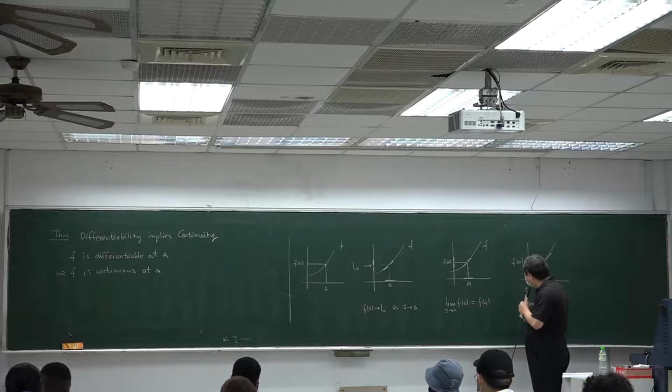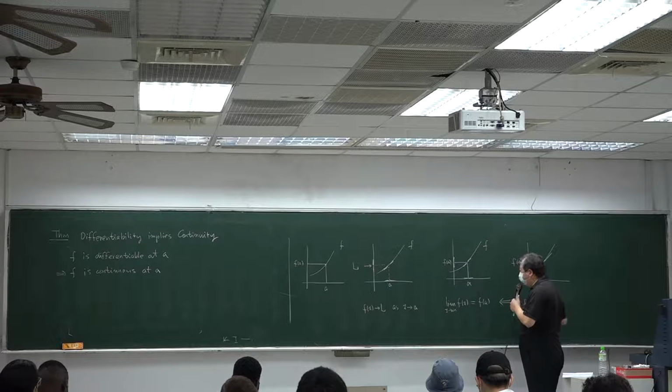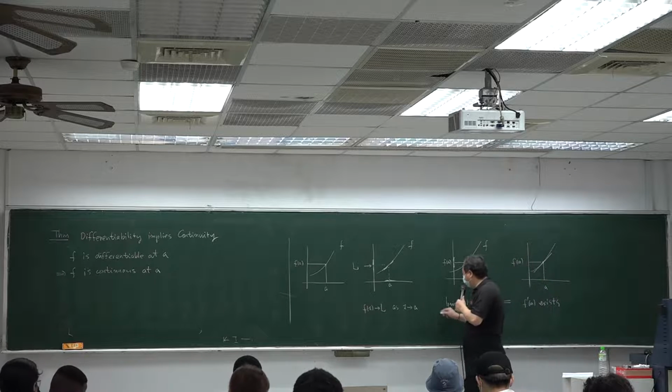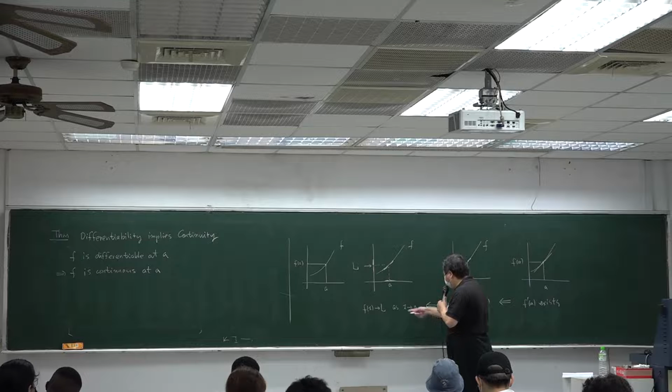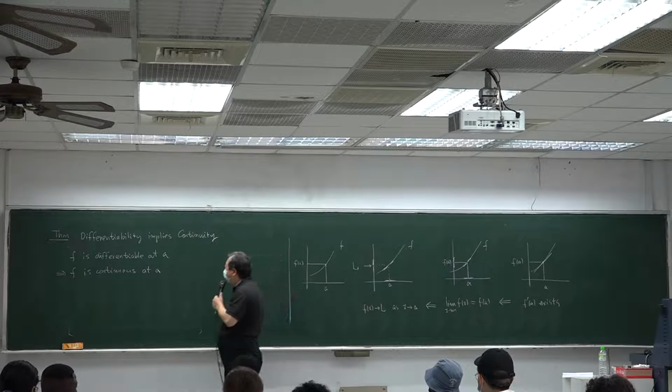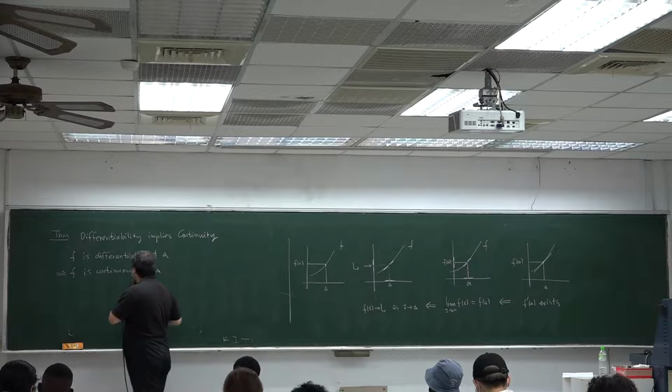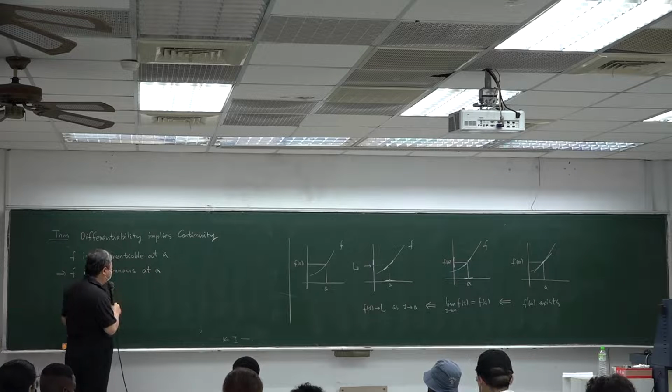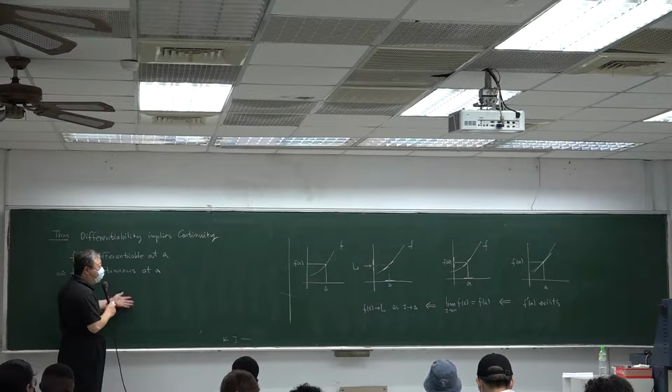So this one is the strongest. Differentiable at a implies continuous at a, which implies f has a limit at a.